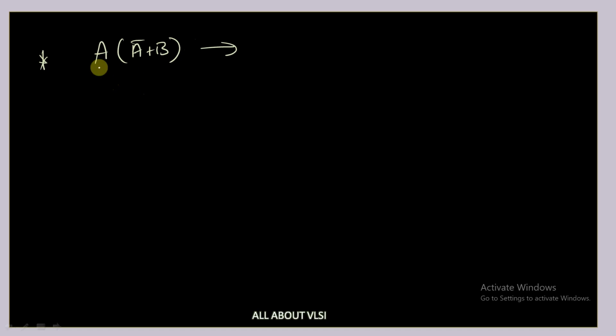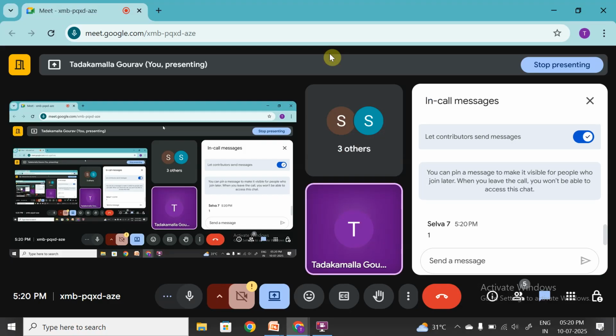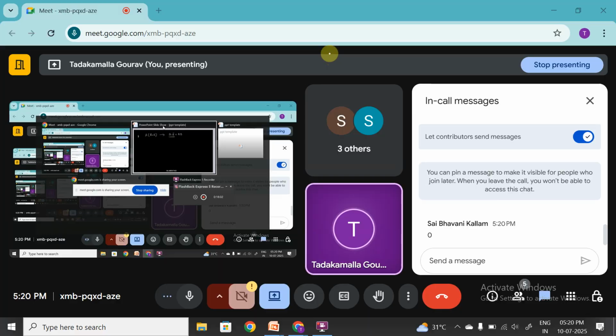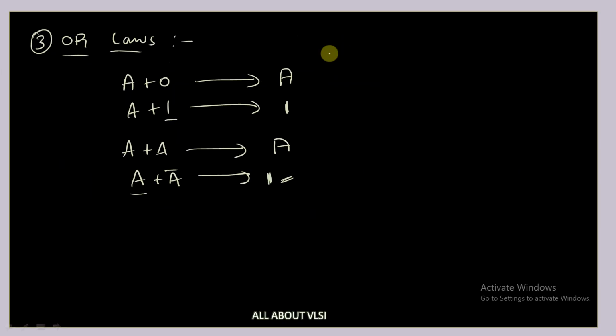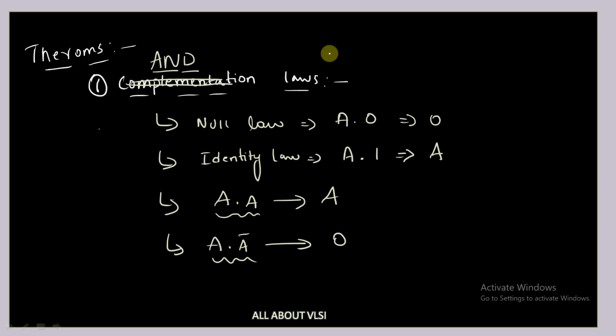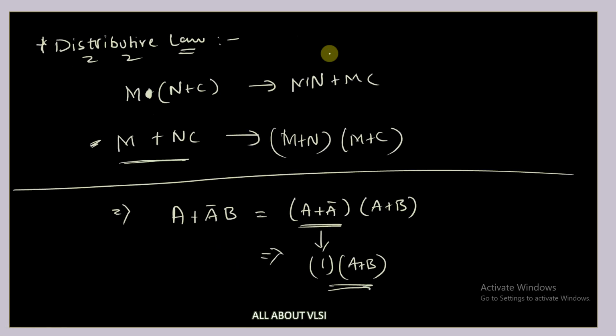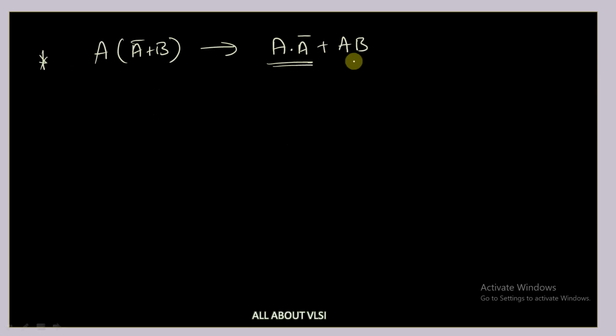See how we are solving this. This is nothing but a dot a bar plus ab. Now what is a dot a bar? In the AND laws we have seen that a dot a bar is equal to 0. So here it is equal to 0 and this is the leftover term. So our final answer will be equal to ab.